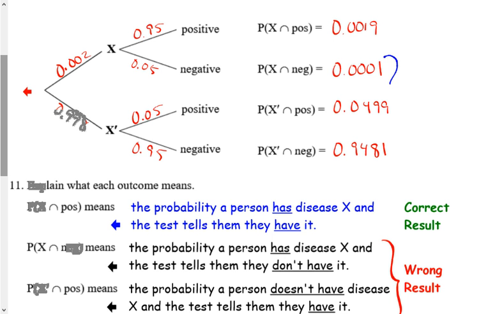If I look at these two results, they're wrong. And if I added those probabilities together, I get 5%. Oh yeah, that's what we were told in the question. 5% of the time, the result is wrong. And if I added the first and the last, I'd get 95%, because 95% of the time, the test is correct.